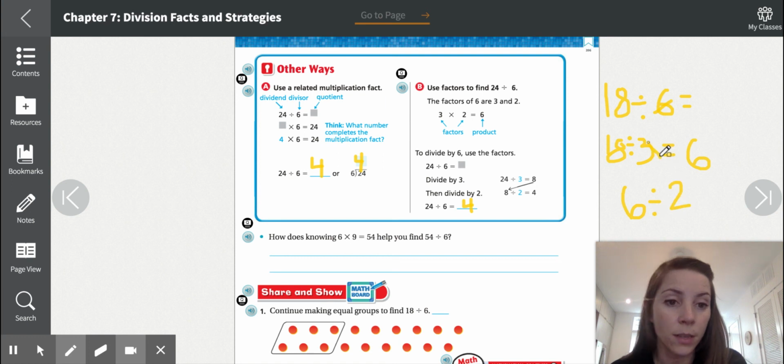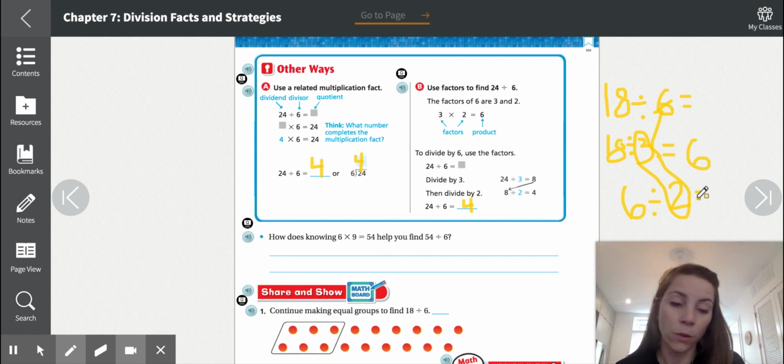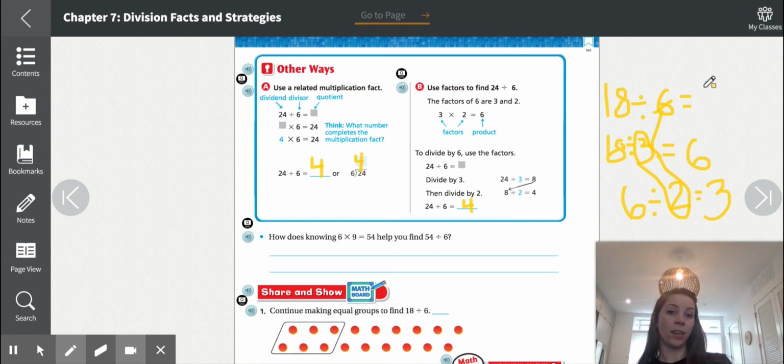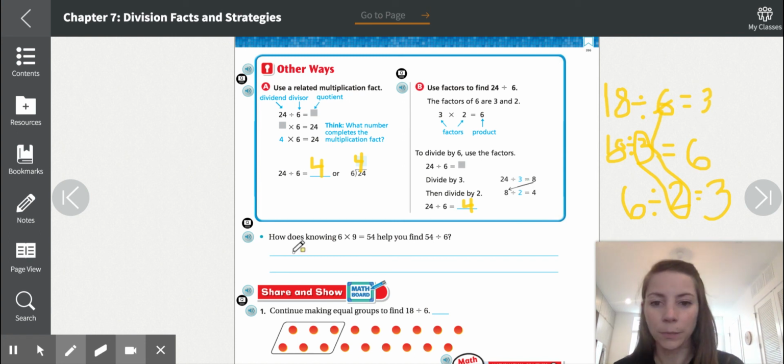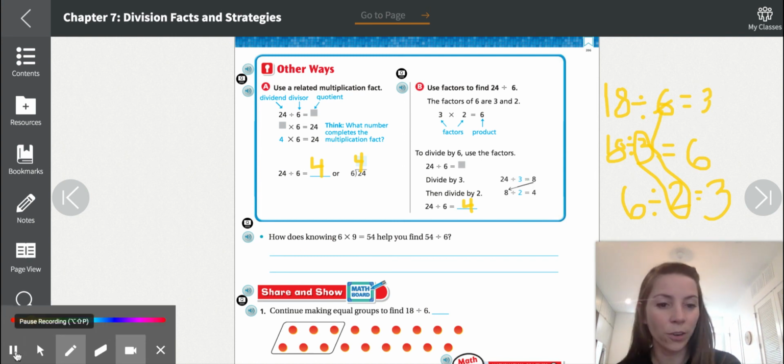Remember, the 3 and the 2 are the factors of 6. So instead of doing 6, we're going to do a 3 and then a 2. So now 6 divided by 2, I think that's easier for all of us. Take 6 and put it in half, which would be 3. So if you got 18 divided by 6 is 3, then you are correct. Okay, you can pause this video and I'll start a new one for the share and show.